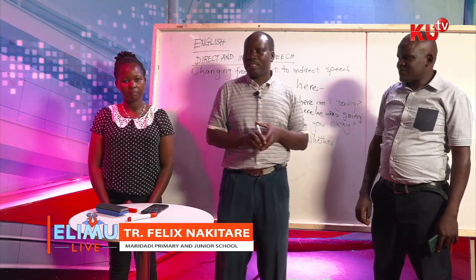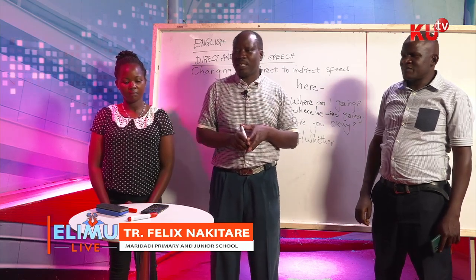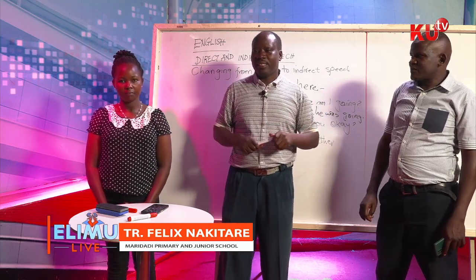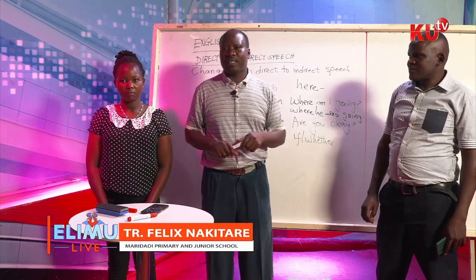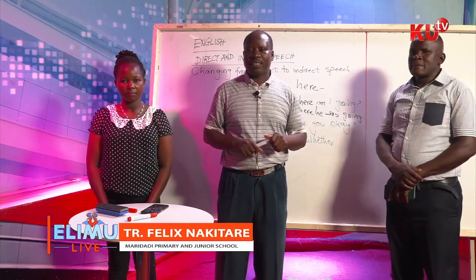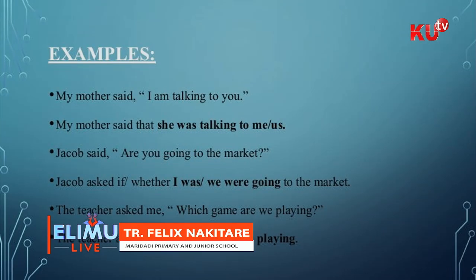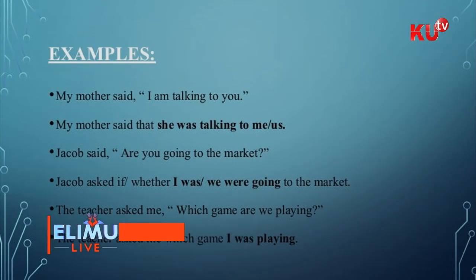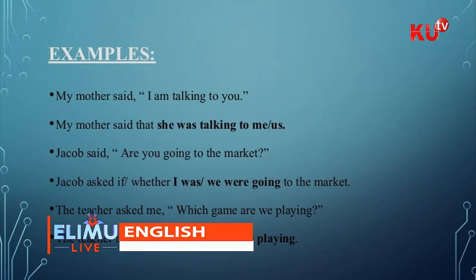So as we finish, let's look at three examples, then we finalize our sentences for today. We have our three sentences on the next slide. We have the first one. My mother said, I am talking to you.